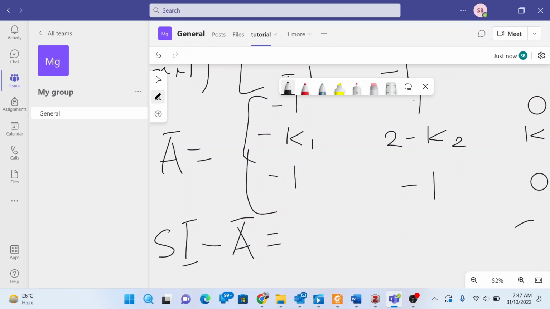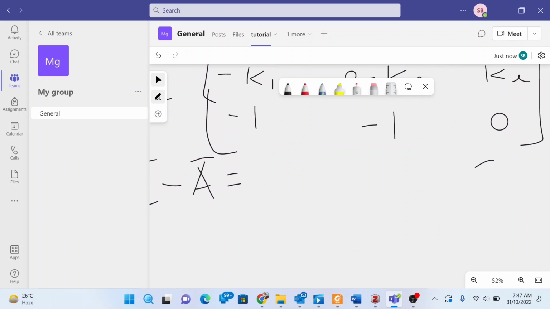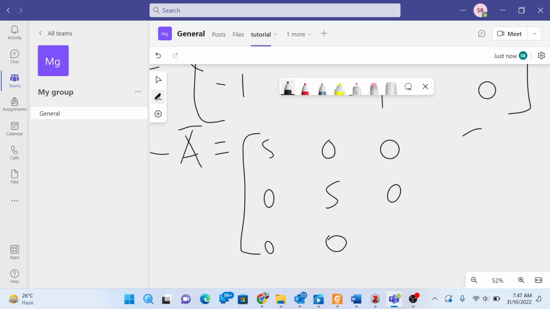And what is SI minus A? What's our SI? We know what our SI is: S 0 0, 0 S 0, 0 0 S. Then minus A, which is what we have just obtained.